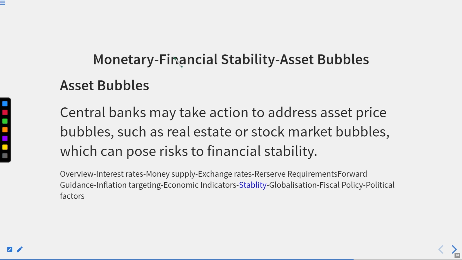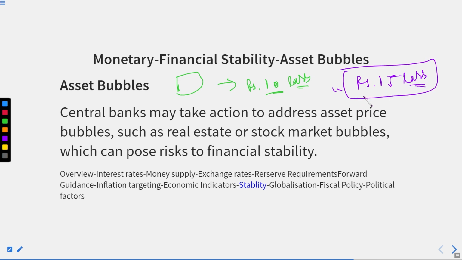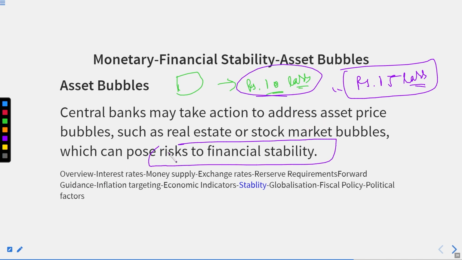Say there is a stock or property which is actually worth rupees 10 lakhs, but under the influence of economic factors like inflation and false marketing, it is posted as rupees 15 lakhs. The person will purchase it at 15 lakhs, but the actual price was only 10 lakhs, right? So it will be risky for financial stability because the purchaser would not be able to sustain it for long.